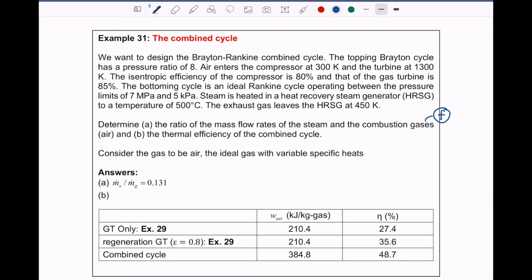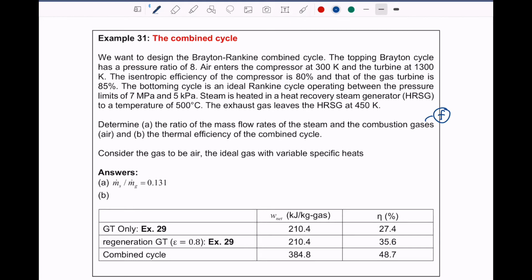In fact, this example is a continuation from the previous example, example 29, where we already discussed only the gas turbine analysis. And all those conditions for the gas turbine are exactly the same as the gas turbine that we calculated in example 29. So please go back to lecture note 29 to see how we tackled this gas turbine analysis.